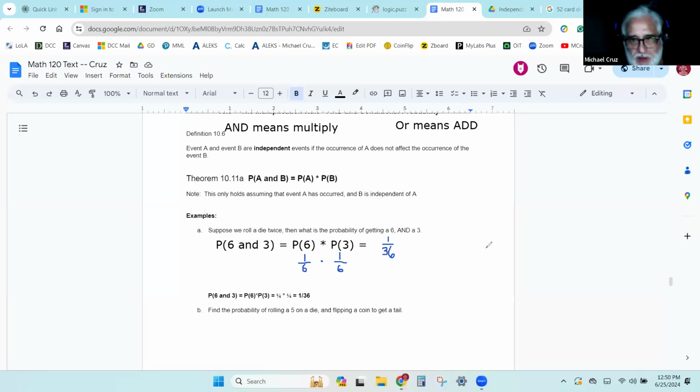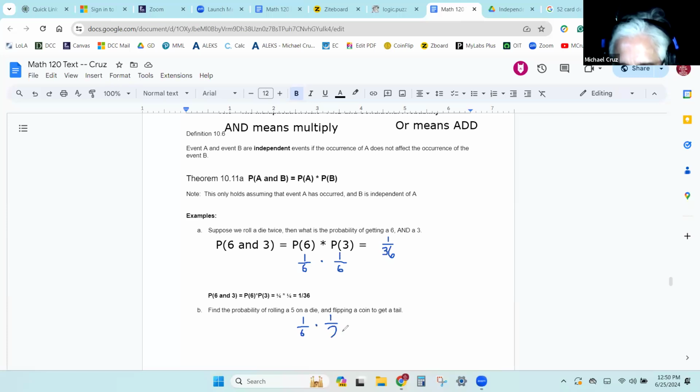Find the probability of rolling a 5 on a die and then flipping a coin. Those are certainly independent because they're two separate events. They don't share any outcomes. So rolling a 5 on a die, there's our friend 1/6 again. I might have done this yesterday, didn't I?